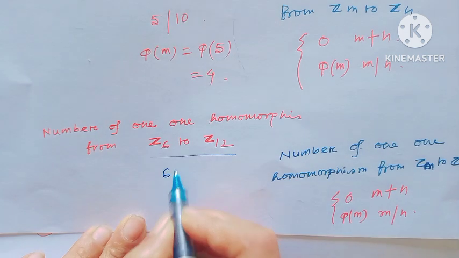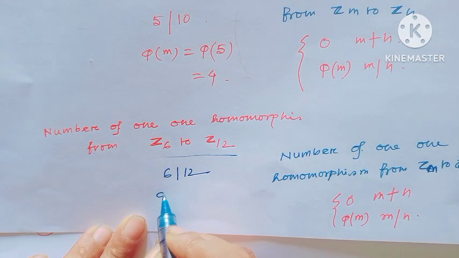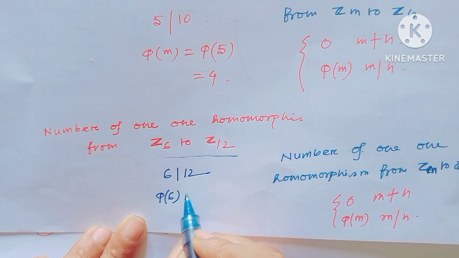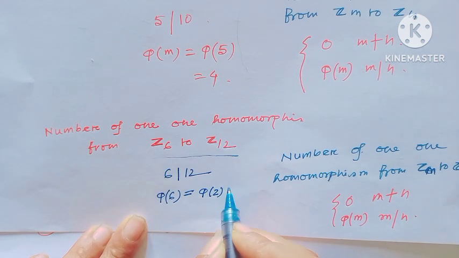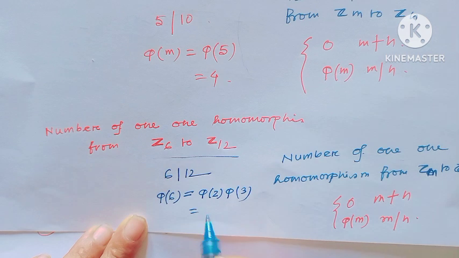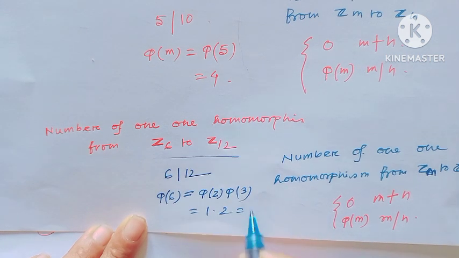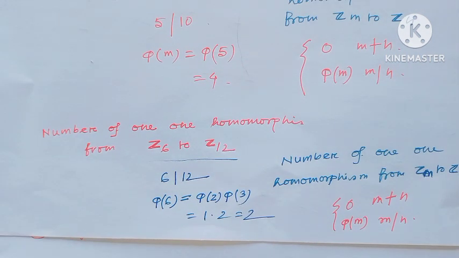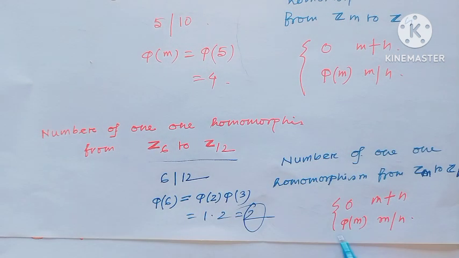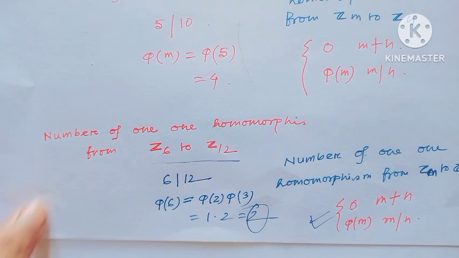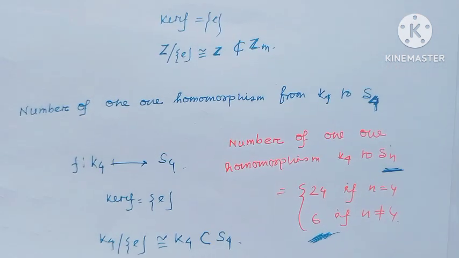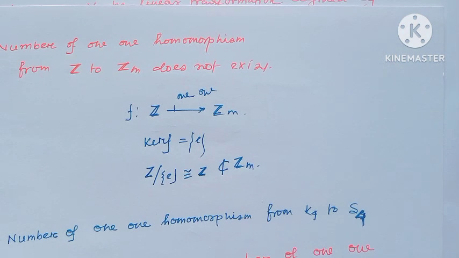Since here 6 divides 12, this value would be phi(6), and phi(6) means phi(2) times phi(3), where phi(2) is 1 and phi(3) is 2. So the number of 1-1 homomorphisms from Z6 to Z12 would be 2, and this is actually a shortcut trick. This type of problem is very important for any competitive exam.